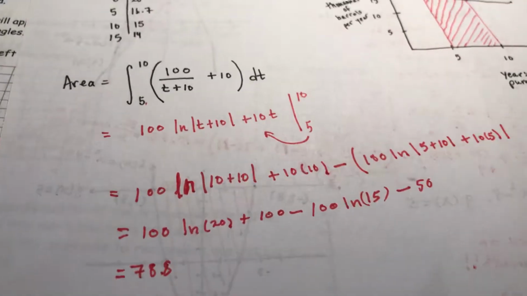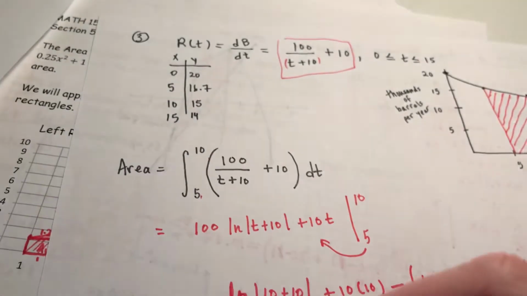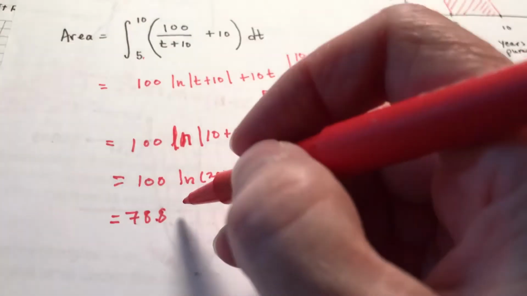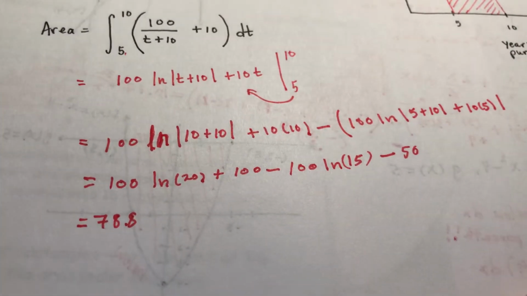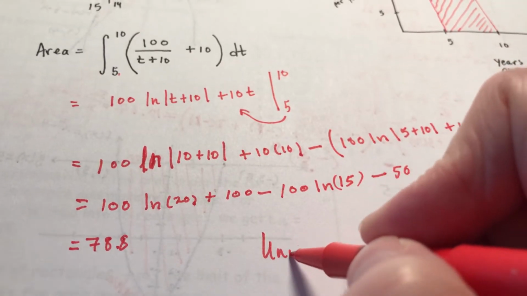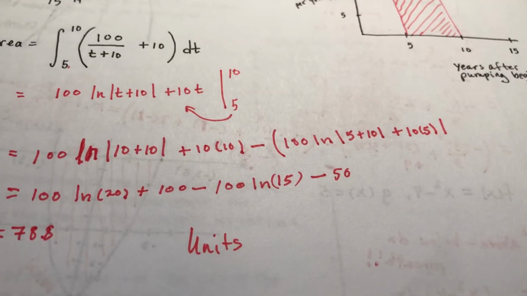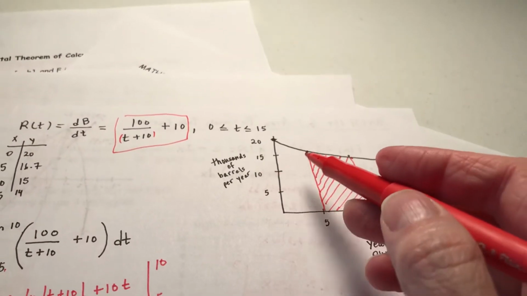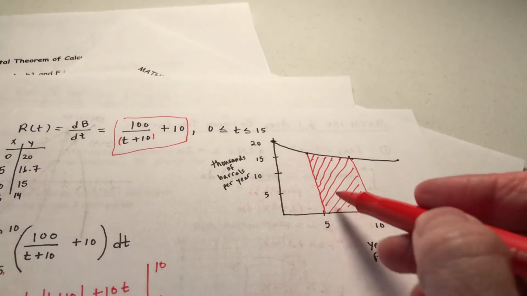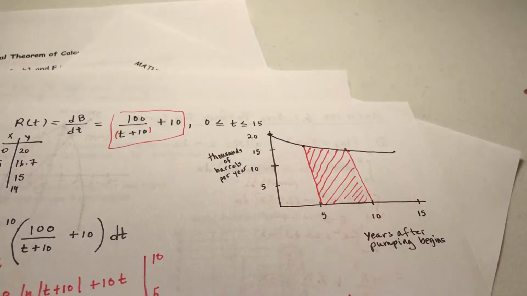All right, now we have to write the meaning. What are the units on this? A note about units. When you're talking about area, you're talking about kind of multiplying the width times the height here over a period of time.